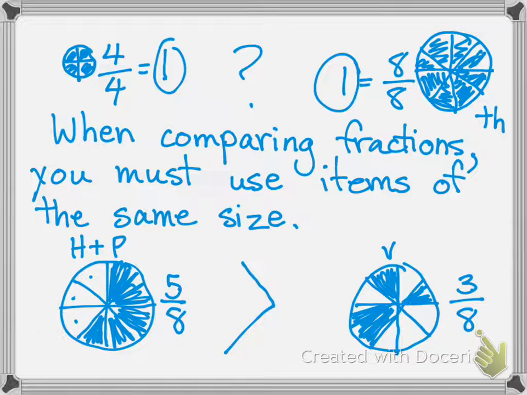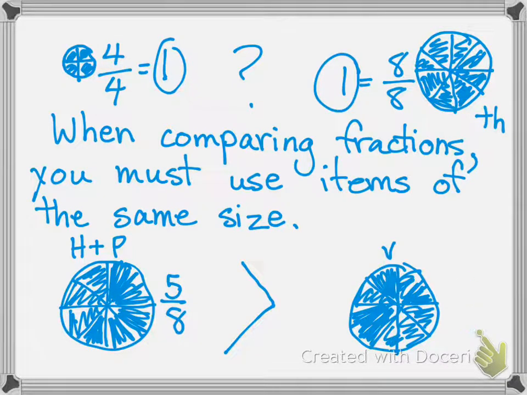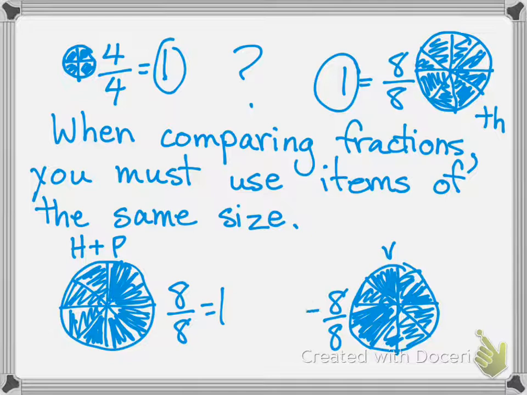Okay? Now, what would happen if all of these pieces of pizza were here? Then we would have 1 complete pizza, and over here we would have 1 complete pizza, and yes, these would be equal.